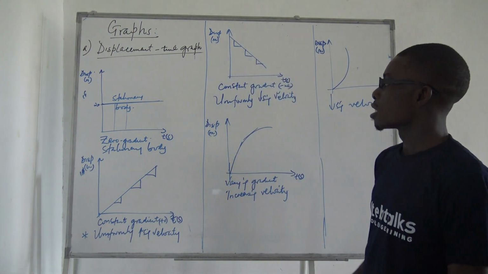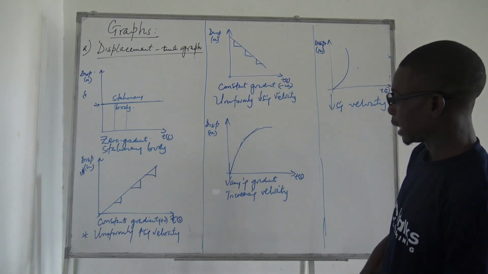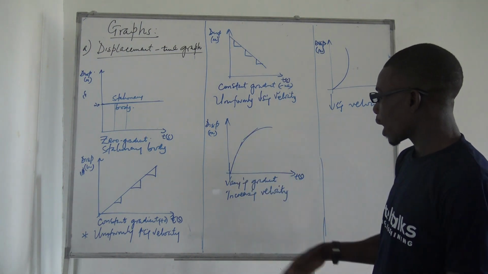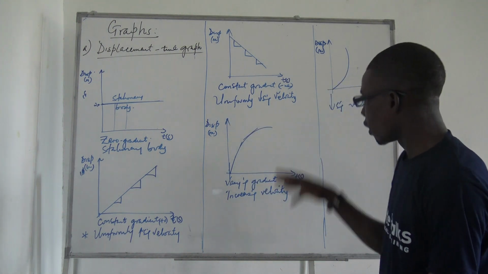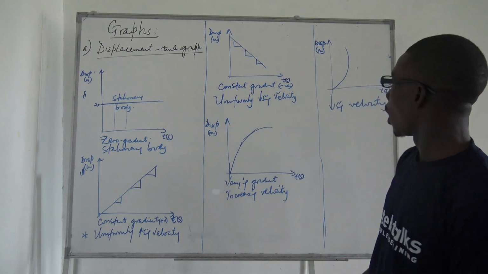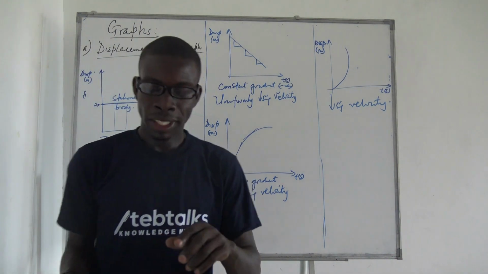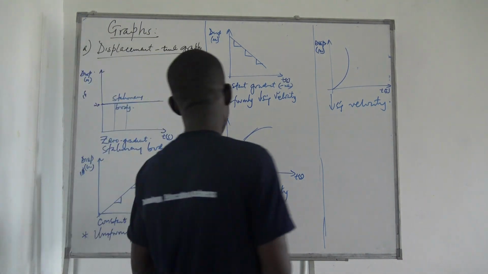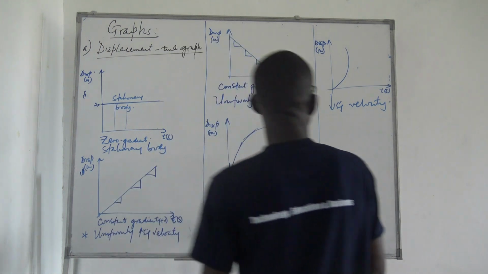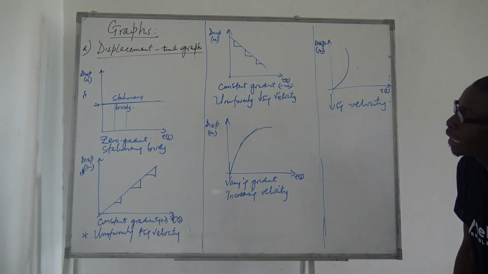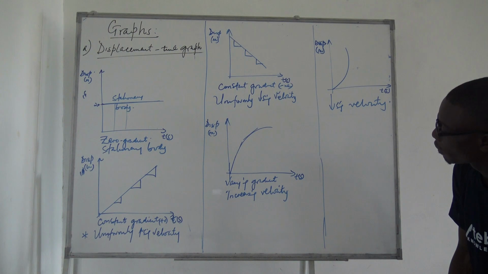And then if you have this constant graph, it is for uniformly decelerating. If you have this, that is varying gradient, increasing velocity but not steadily. And now this one is for decreasing velocity. Is that okay?